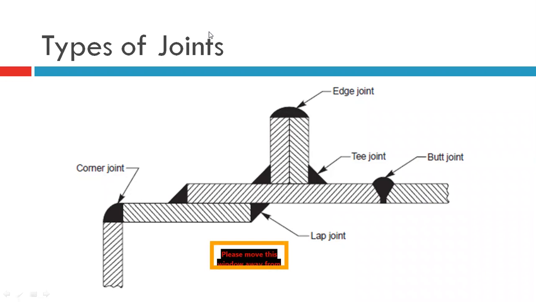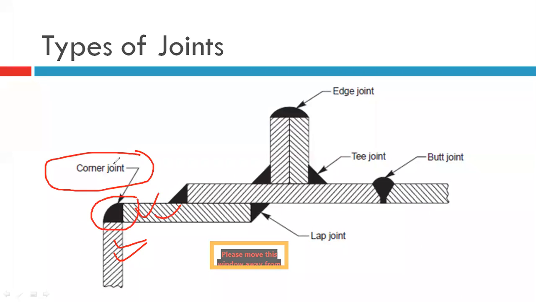If we look at the first one, that is the corner joint. See here where it takes place, this vertical plate and the horizontal plate, it gets joined at the corner. So that's why we are calling it a corner joint. Now the lap joint, this is a lap joint, right?